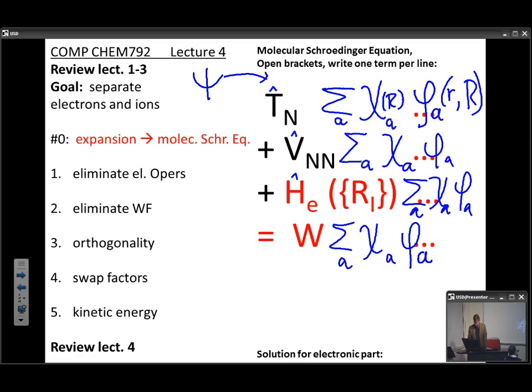Let's just look at this equation and think, are we happy with it and what do we have here. These three terms are operators. The first two operators relate to ions, and the third operator relates to electrons. And this one is just a number.